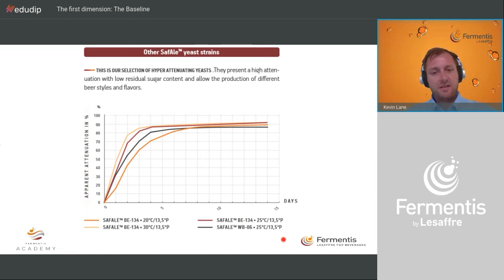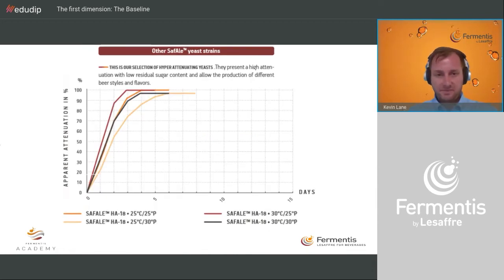How that temperature may slightly affect the rate of fermentation, this orange line being at 20 degrees C, a standard ale temperature, 30 degrees C being this very faint line, the fastest out of all of them. Also, you can see WB06 compared to BE134. WB06 is the lowest attenuation out of all 4 of those, that being because BE134 is slightly more aggressive.